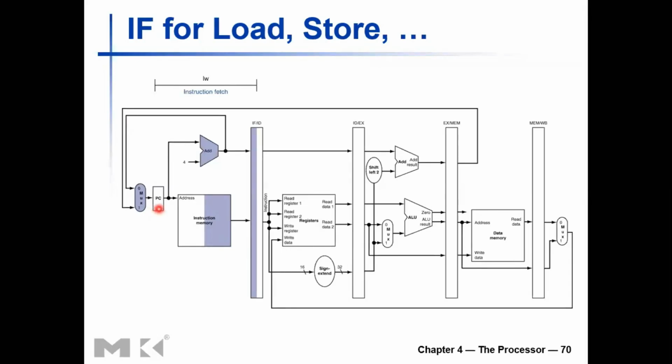The first thing that happens in the current clock cycle is the program counter getting updated with the value provided through this multiplexer. So within this clock cycle, within this stage, there are no control signals at play. So for now, we don't have to worry about it.